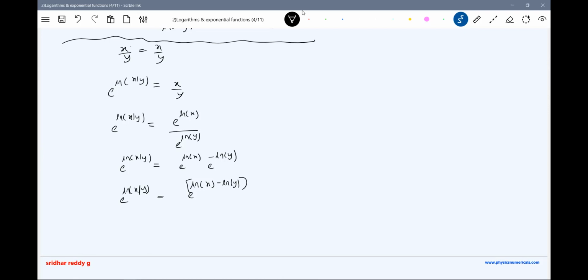Taking log on both sides, log of e to the power of log x by y is equal to log of e to the power of log x minus log y. The expansion of this will be log of x by y into log e.